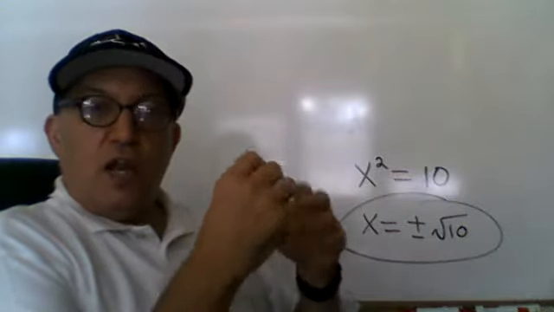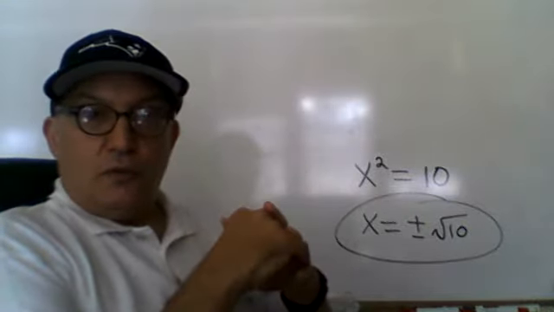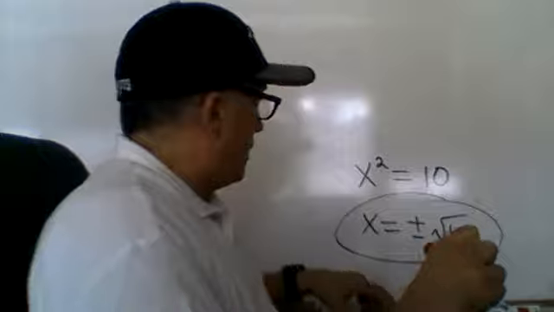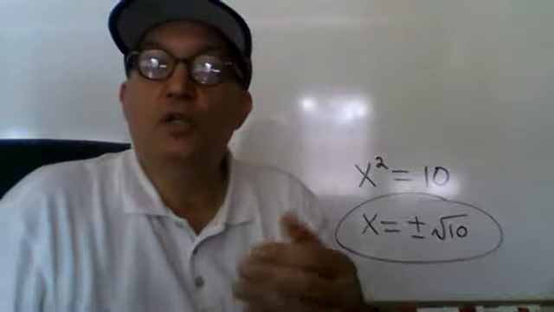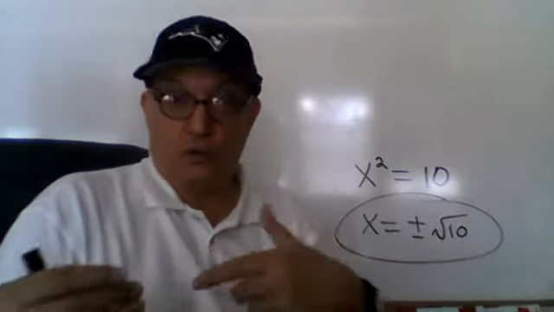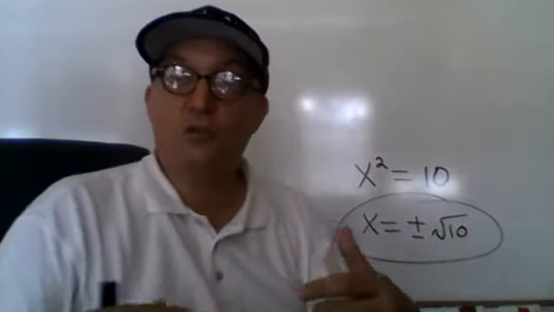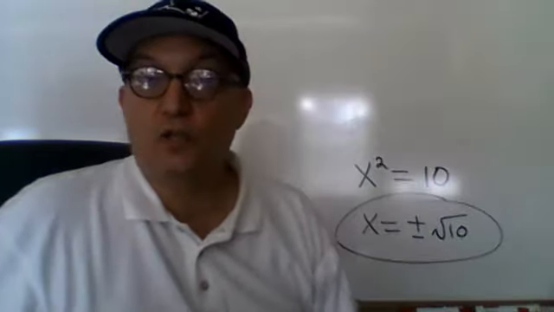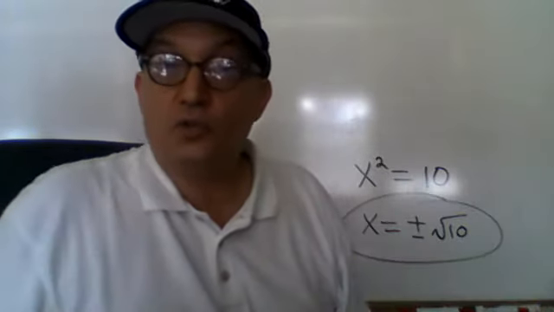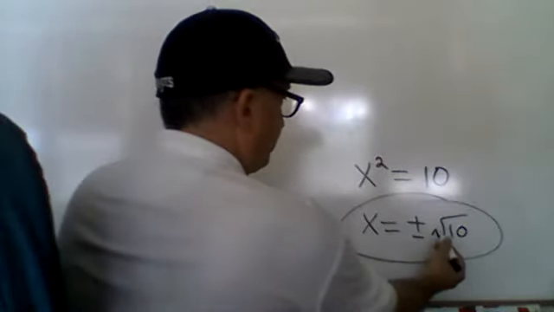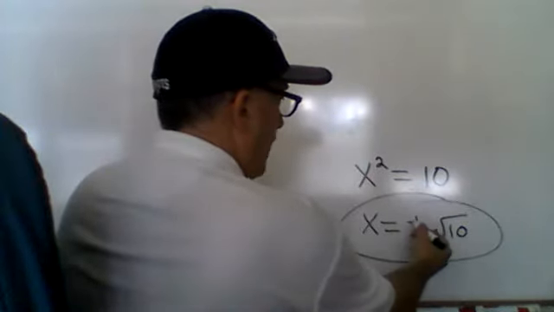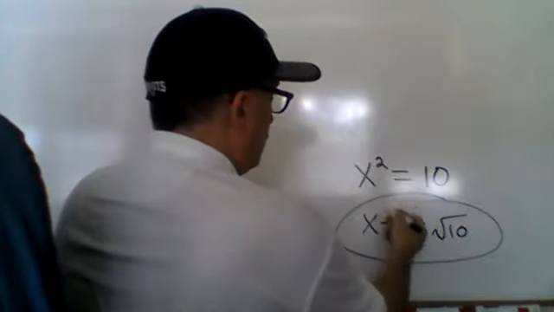These two solutions here are exact solutions. Let's see why. As we've said many times, you solve an equation, you put your solution, or each one, in this case there are two, in for x in the original equation, and you get a true statement and you know that it's correct. Well, let's put the square root of 10, the positive one, in for x here.